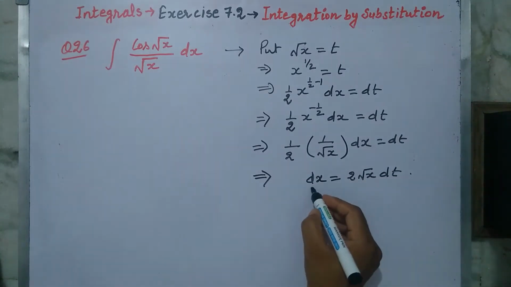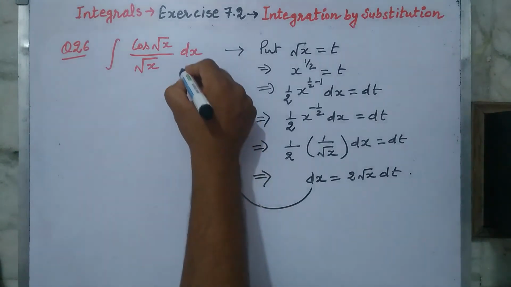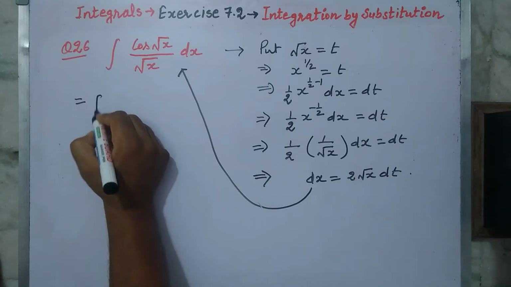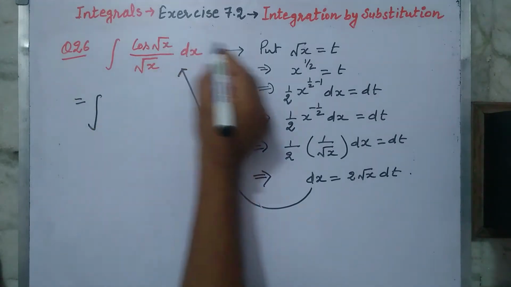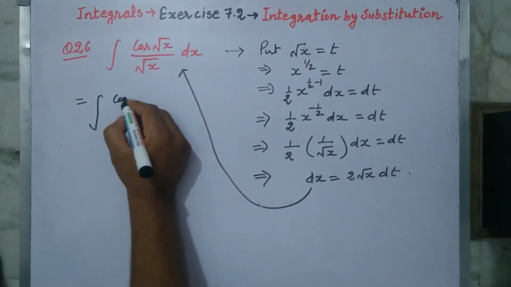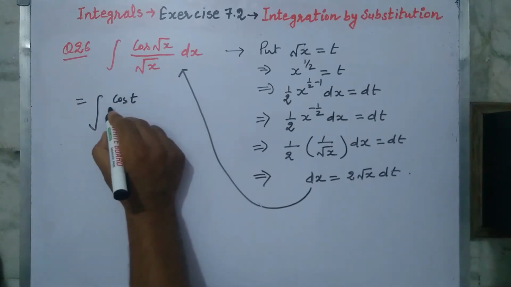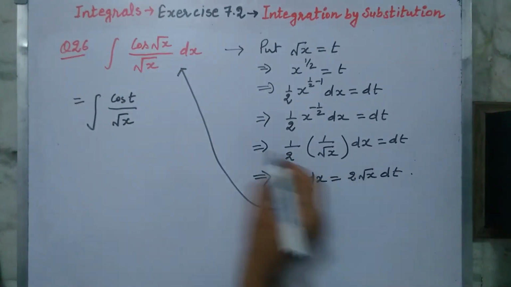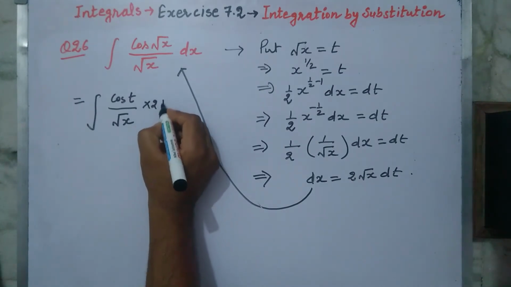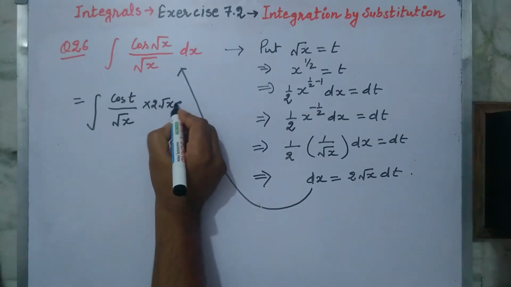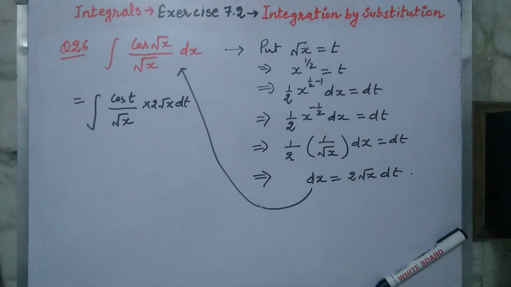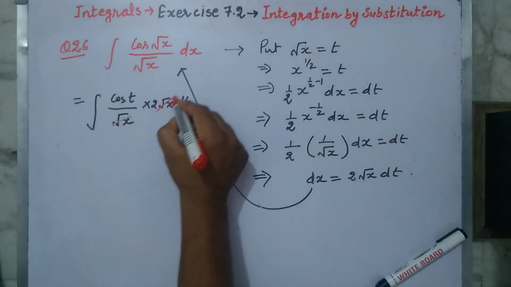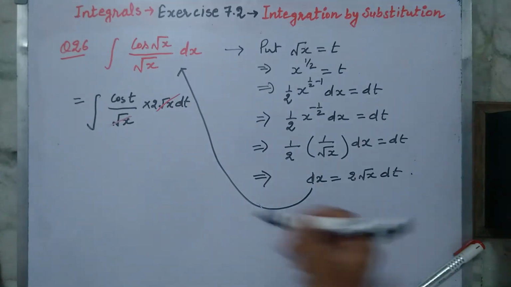So we substitute this value here. We have now the integration of cos of square root x, that is cos of t, divided by square root x, and dx means 2 square root of x into dt. Now the square root of x gets cancelled.